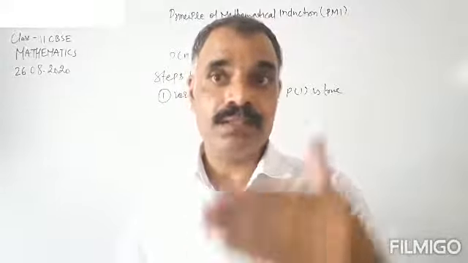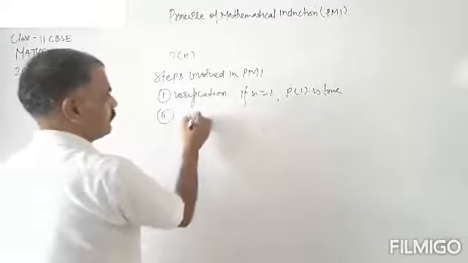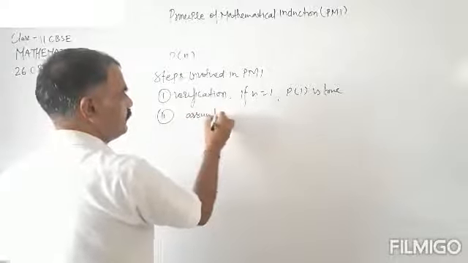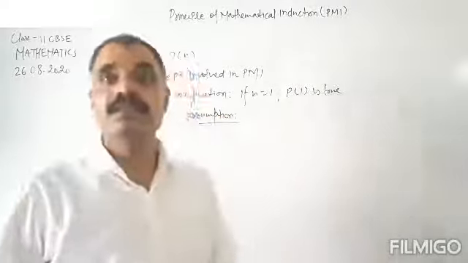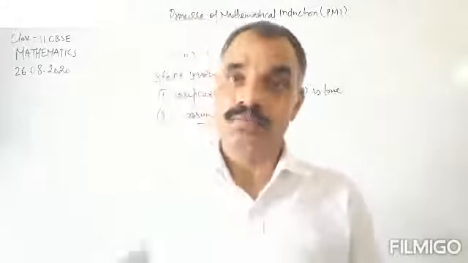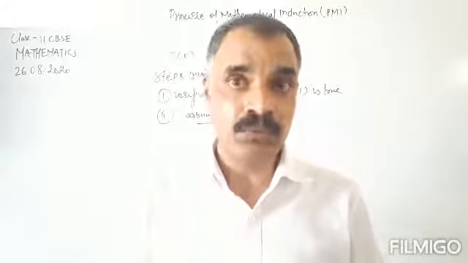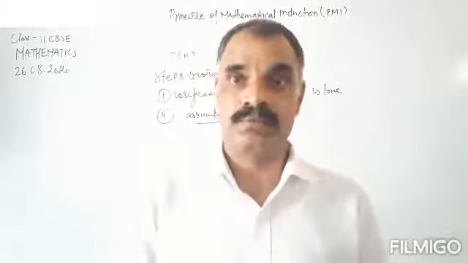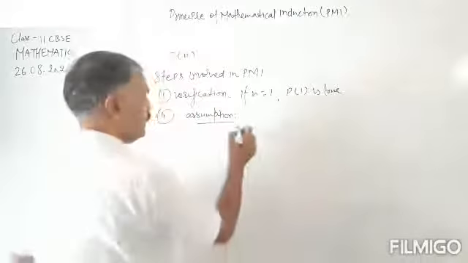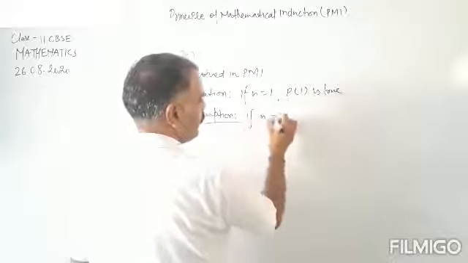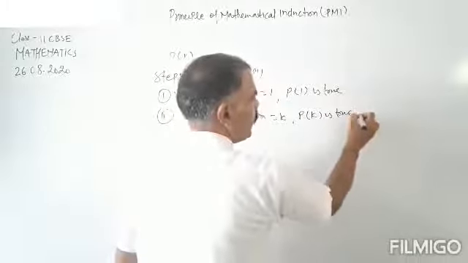The next step is the assumption step. Assumption means here in this step we will assume that the given statement Pn is true for n equals to k. Here if n equals to k, Pk is true.